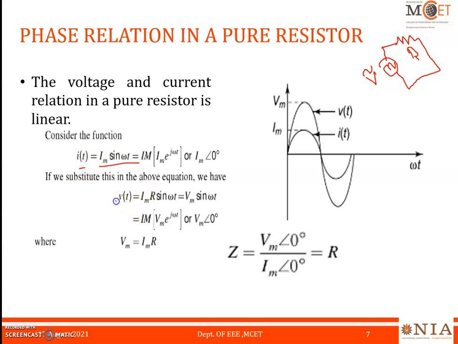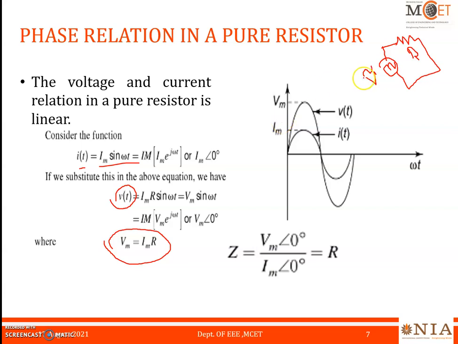So according to the equation, the instantaneous value V of t can be represented as R into I of t. So I of t is nothing but Im sin omega t, so this can be represented as Vm sin omega t. So Vm here is nothing but Im into R. Now Z can be represented as Vm divided by Im, and that is nothing but R.